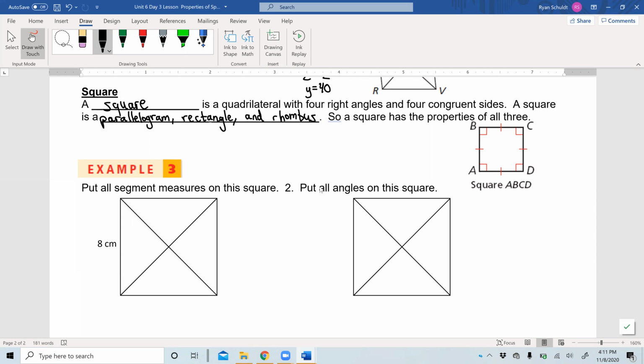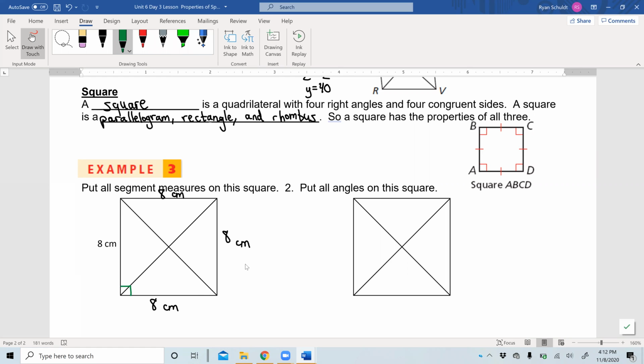So for this example, they want us to put all segment measures on the square. Okay, well, this side is 8 centimeters. That means all the other sides have to be 8 centimeters too. And like I said the other day, right triangles, yes, they're gone. I mean, we're done with triangles, but we still have to use some properties.